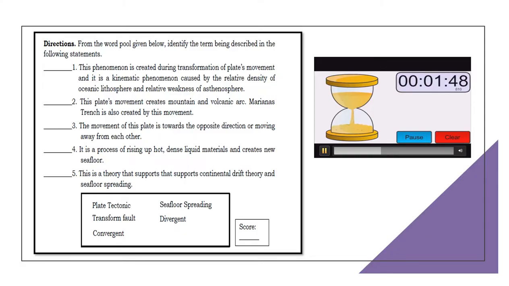Time check tayo, mga ka-learners. We have 1 minute and 45 seconds left.